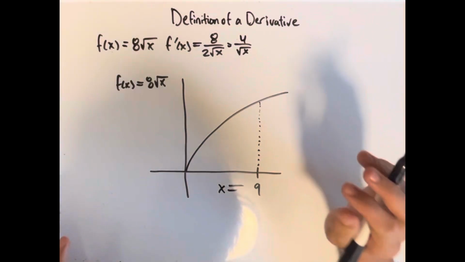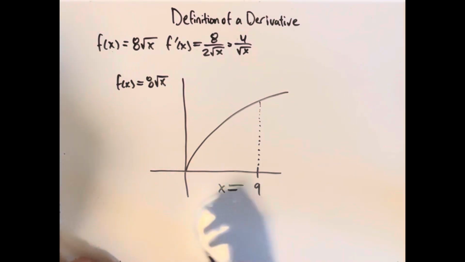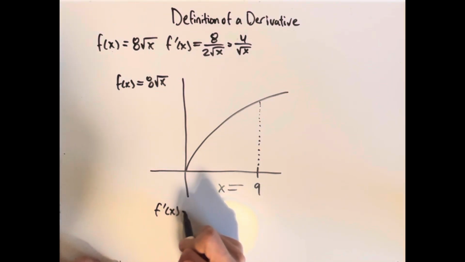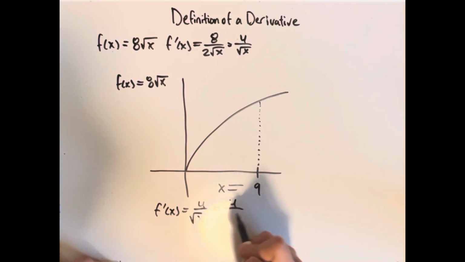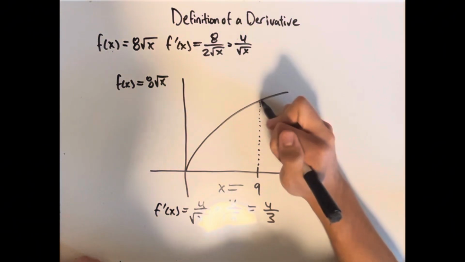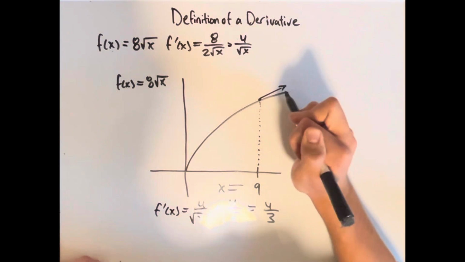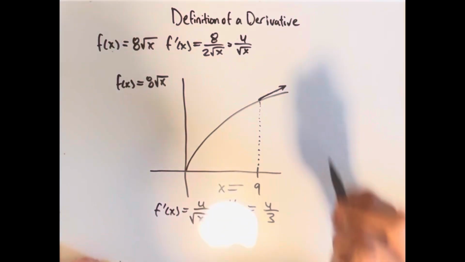This is just an estimate of the graph. We'll say it looks something like this. So all we have to do is take our derivative, f prime of x equals 4 over the square root of x, plug in 9, so we have 4 over square root of 9, which equals 4/3. So that means this slope right here, this tangent line, has a slope of 4 over 3.